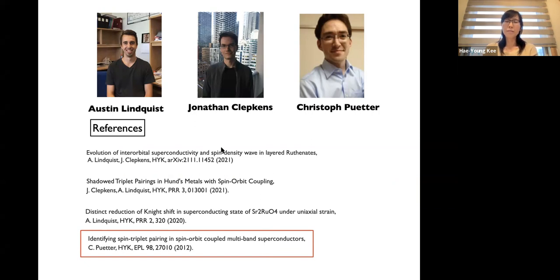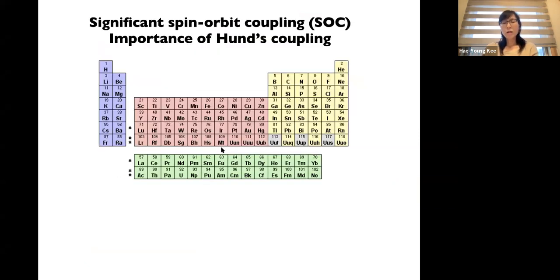Okay, so let's begin with the periodic table. I mean, we've seen this a thousand times. When we are talking about 3d, we are interested in the transition metals, which is this pink area. And in fact, for the 3d materials, we talk about Hubbard models and so on.